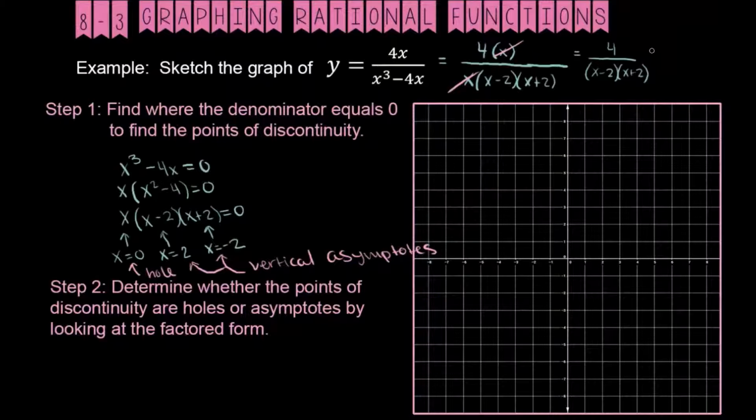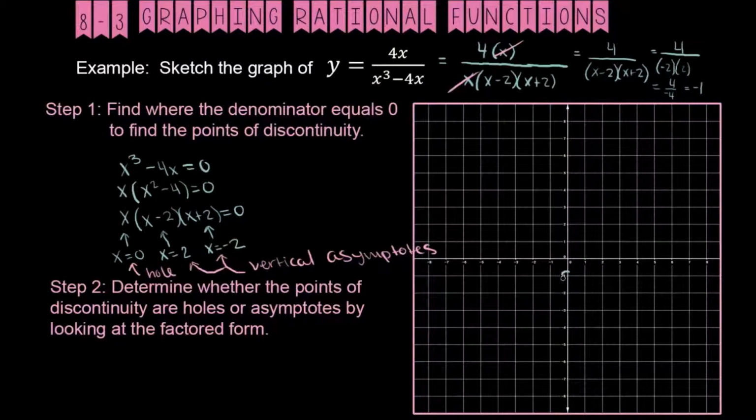So I get 4 over, if I plug a 0 in here, I get a negative 2. If I plug a 0 in for this x here, I get a positive 2. So I get 4 over negative 4, which is just negative 1. So I know my hole is at the point (0, negative 1). So I can plot my hole down at (0, negative 1). This is my hole.